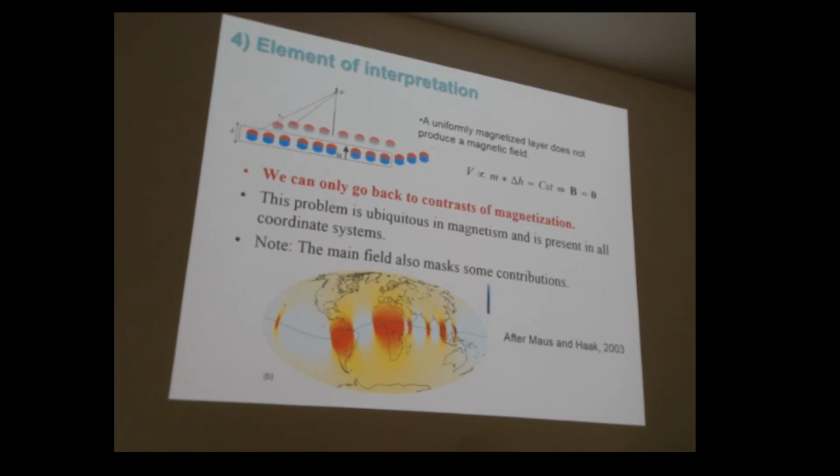Imagine you want to describe the susceptibility over a surface like this. Since spherical harmonics are basis functions, you can expand every kind of function, so you have L, M, and that will be C_lm.